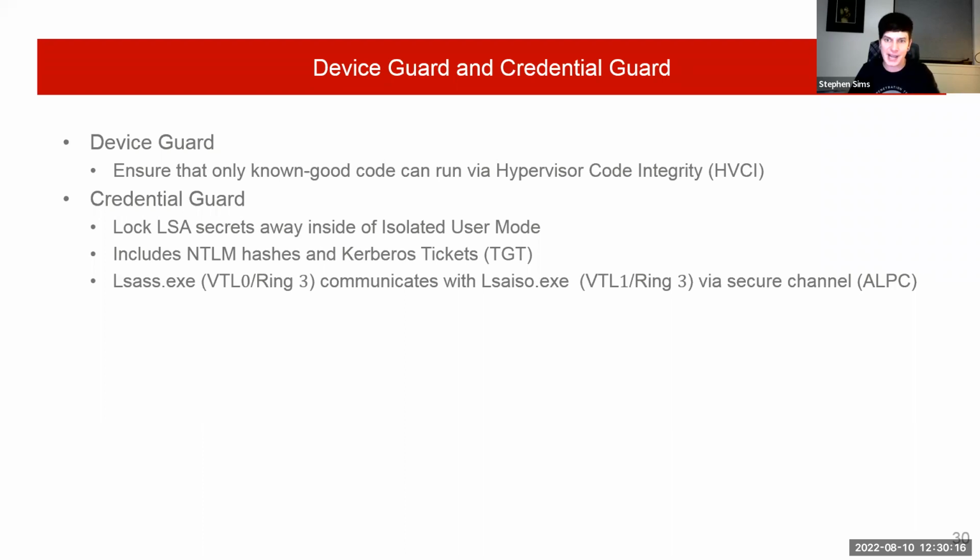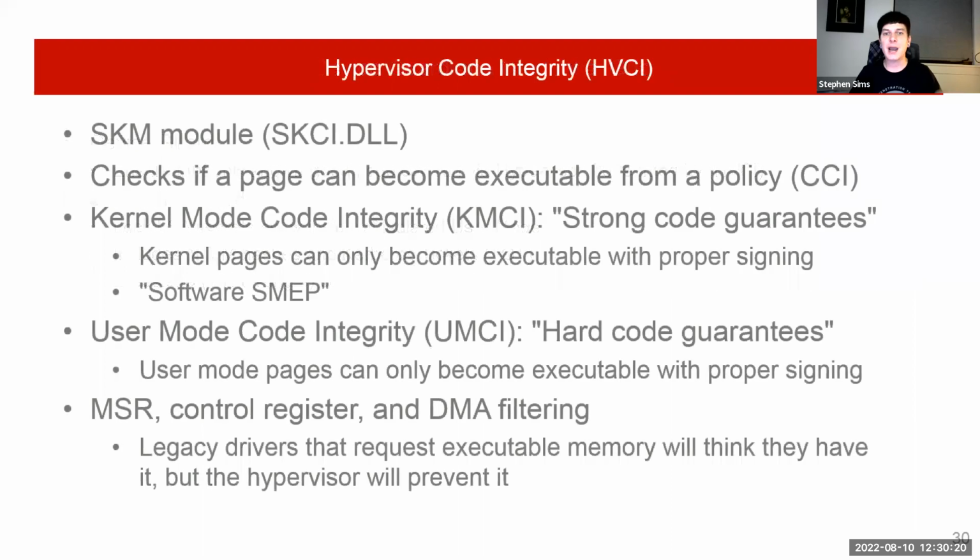So Credential Guard, as I explained, is one example of that, which also gets into hypervisor code integrity, which basically says we can do something called code signing. We can not only sign a driver, we can sign blocks of code and say, before code execution can continue in this area in the kernel, it must be signed.